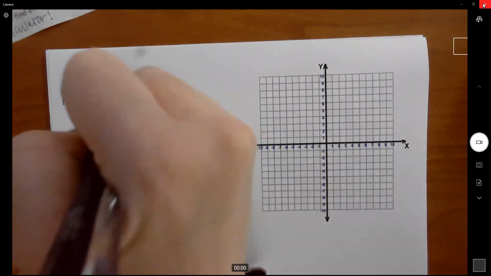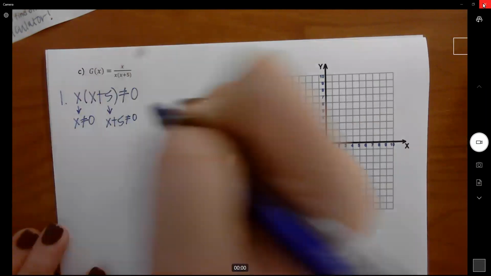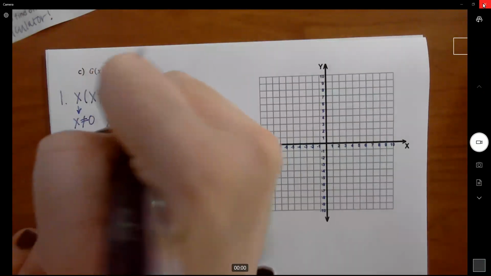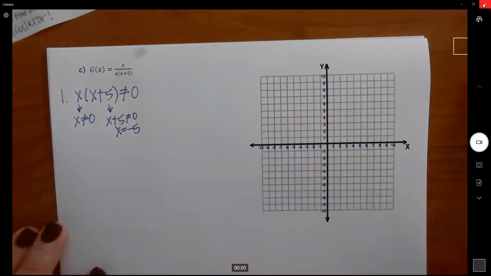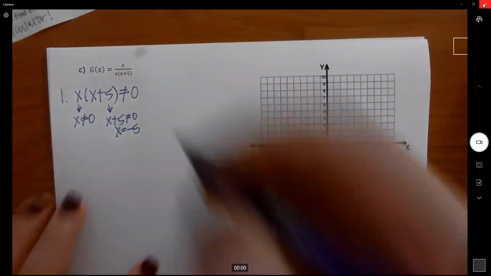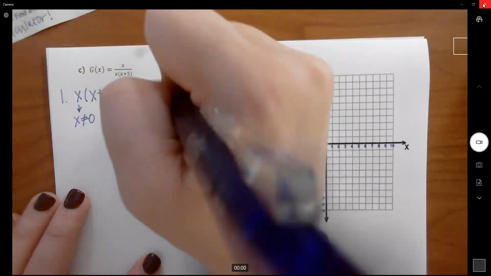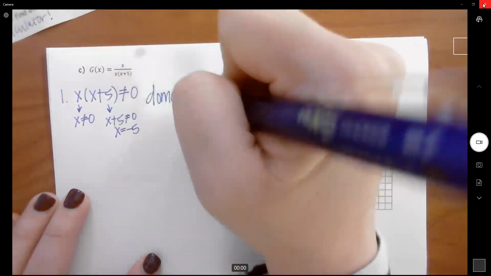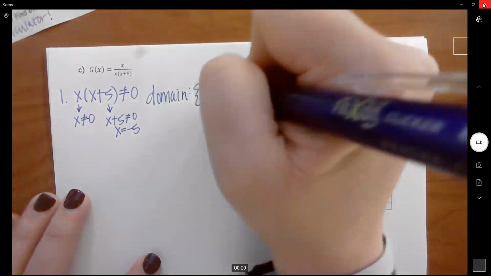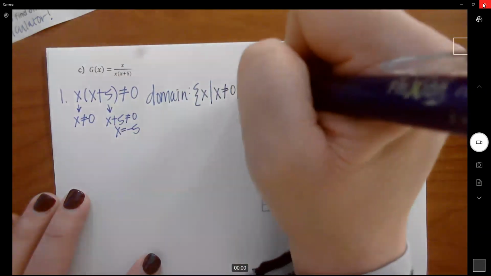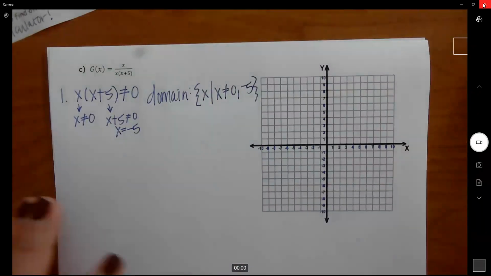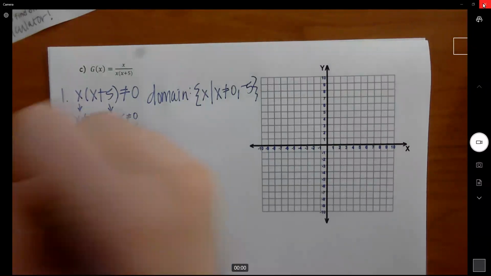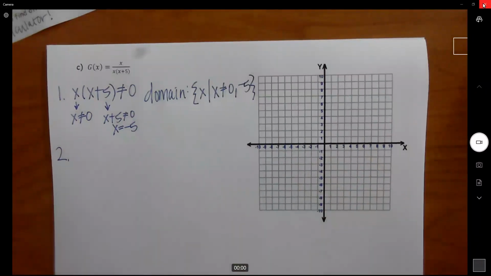And from here, we get x plus 5 cannot equal 0, so x cannot equal -5. So my domain is the set of all x such that x cannot equal 0 or -5. That is the only thing we absolutely need before we simplify.